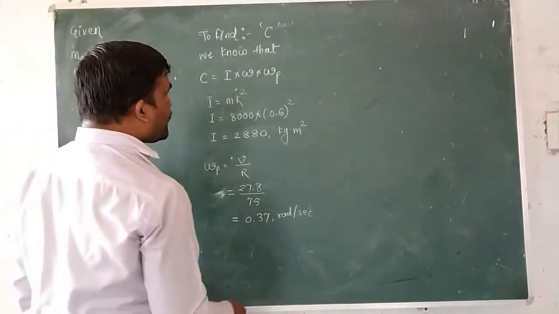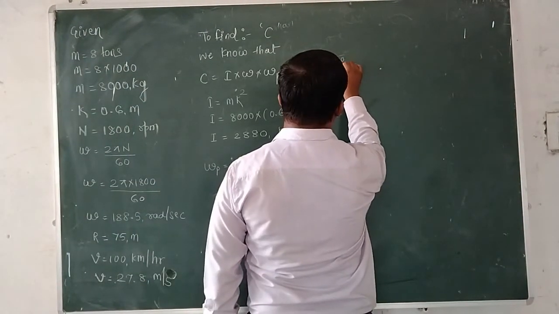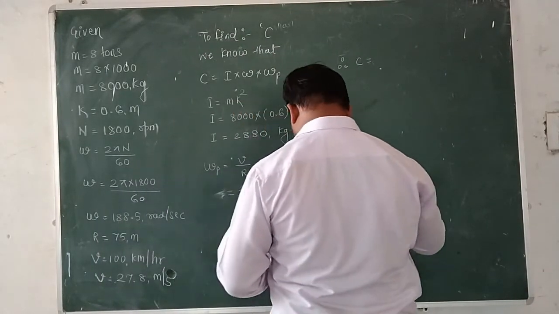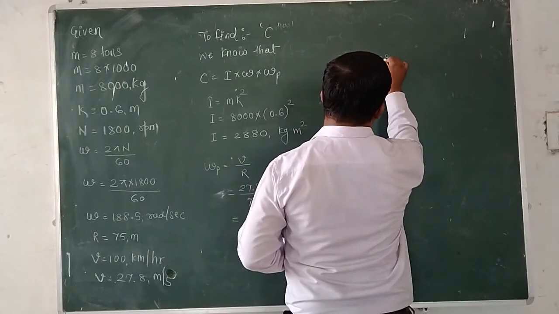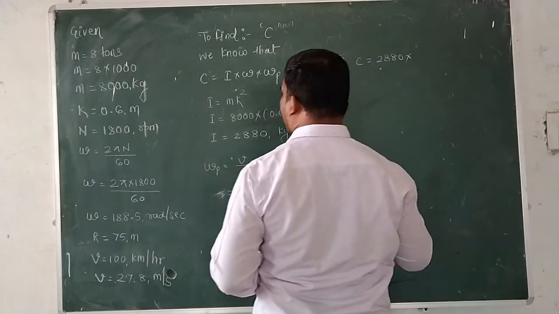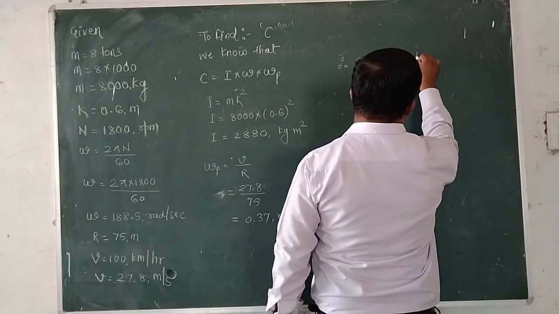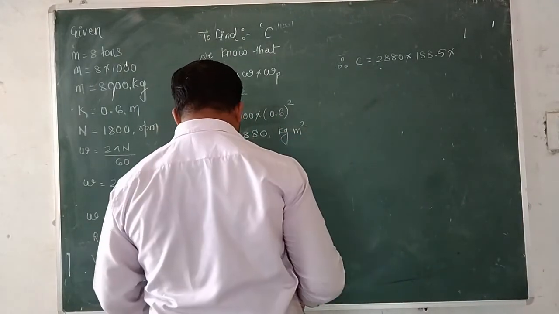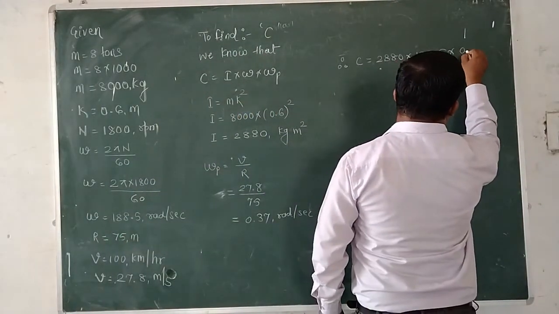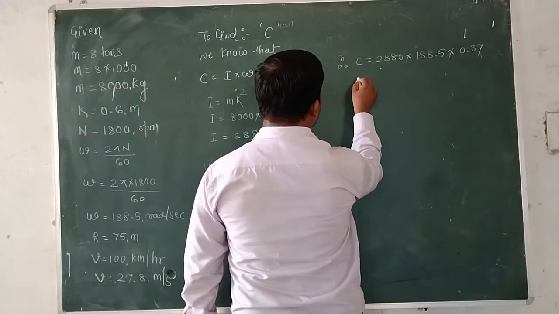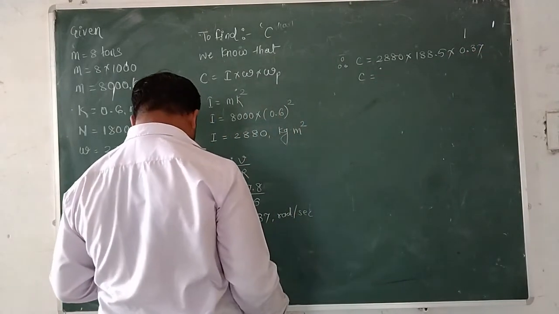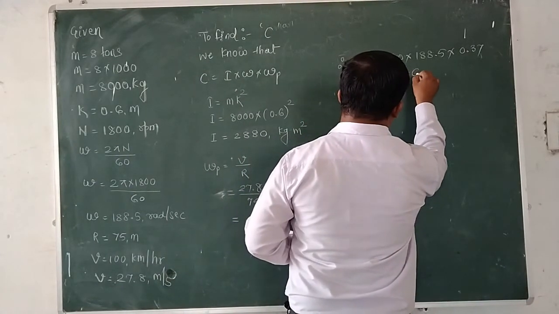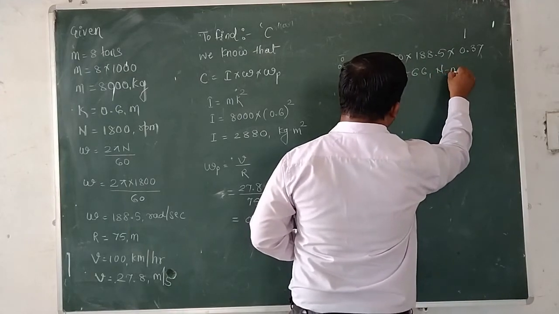Now we will calculate the value of C. Therefore, the value of C comes to be I, which is 2880, multiplied by omega, which is 188.5, multiplied by omega p, which is 0.37. So the value of C will be 200,866 Newton meter.